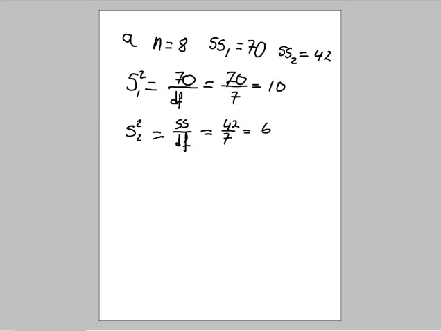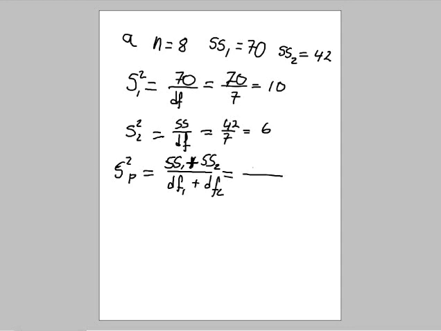Now for the pooled variance, that's going to look something like this. We've got S squared P, pooled variance. So that's going to be SS1 plus SS2 divided by DF1 plus DF2.